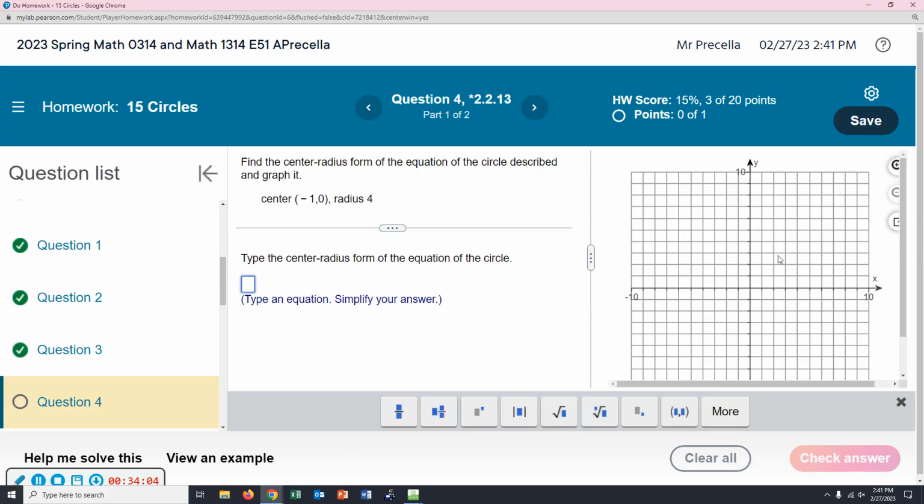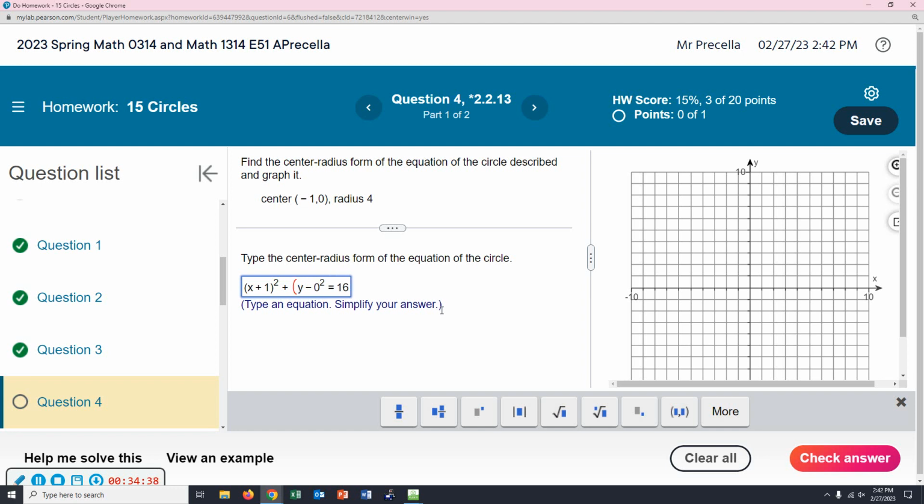So parentheses x plus 1 close parentheses squared plus y squared. And would it have mattered if you put the y in parentheses? That is a good question. I'm going to try it and see what happens. I wrote it down like that.